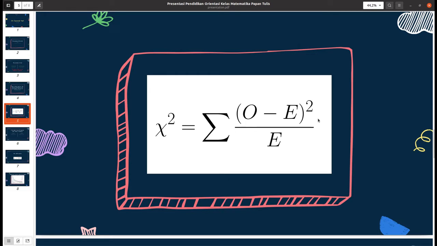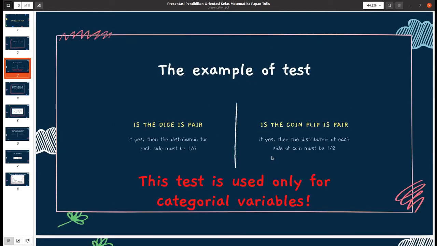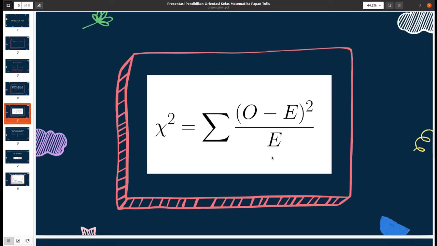We test how many 1s came out, how many 2s, how many 3s, and until how many 6s. So there will be 6 operations like this. And for the coin it will be just 2, because the coin has just 2 sides: how many heads and how many tails.